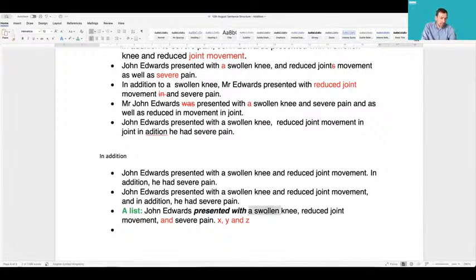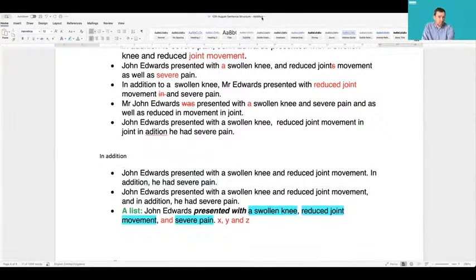And then the thing that he presented with, 1, reduced joint movement, 2, severe pain, 3. They are 3 things. So for me, that's a 3-unit list that you've used and with, and you've used this listing structure. But in this one here, that's 2 sentences.